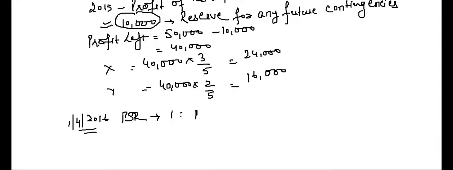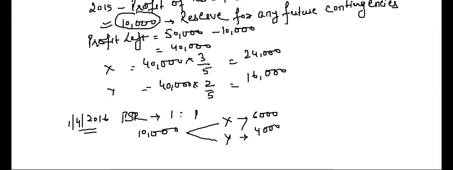Right? Had this not been a reserve, and this 10,000 distributed, how much would X have got? What would have been the share in the old ratio? They were sharing profits in the ratio of 3:2. He would have got 3/5, which is 6,000, and Y 4,000.